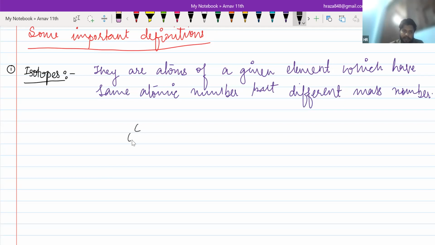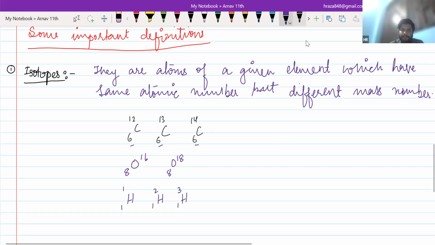For example, you can take C6, C12, C13, C14. You can see the atomic numbers are same, but they have different mass number. This type of elements are called isotopes. O16, O18, also H11, H12, H13.